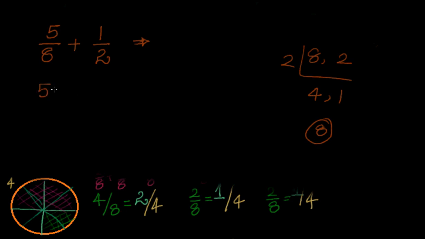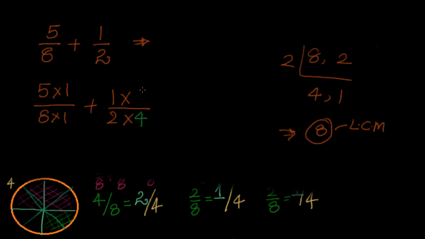So what I will do, 5 into 1 by 8 into 1 plus 1 by 2. For 2, which number do I have to multiply so that I will get the LCM? I know that if I multiply 2 with 4, I will get 8.